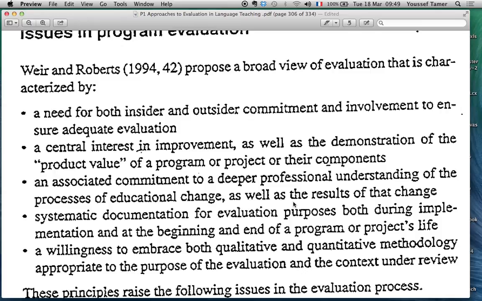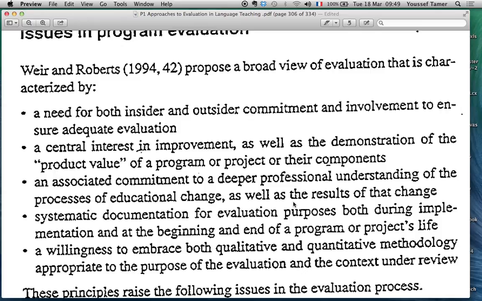You know, evaluation is very sensitive. If only one person is involved, there is the risk of subjectivity. So that's the objectivity, subjectivity. How much objective are we and how less objective could we be? So that's why there is a need to balance in terms of audiences, people evaluating.